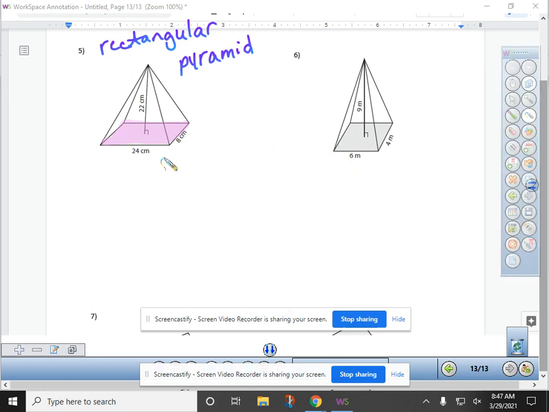What is the formula for the volume of a pyramid? It's not base. What is it? 1/3 area of the base times the height. The area of the base is going to be 24 times 8.